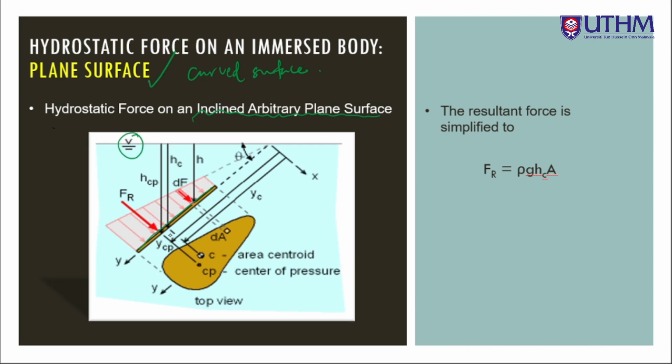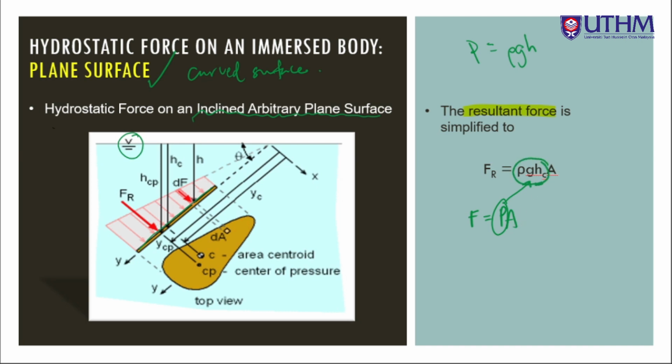Okay, so seperti yang kita tahu sebelum ni kan, what is pressure? Pressure equals to rho GH kan, rho GH. And untuk dapatkan resultant force macam mana rumus dia? F equals to PA, in which this P is actually rho G HC.